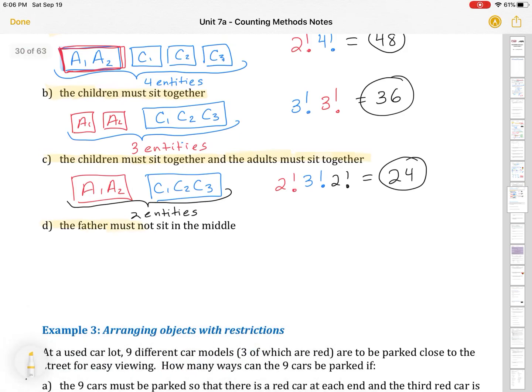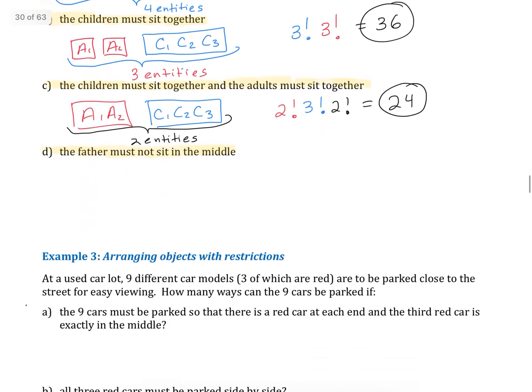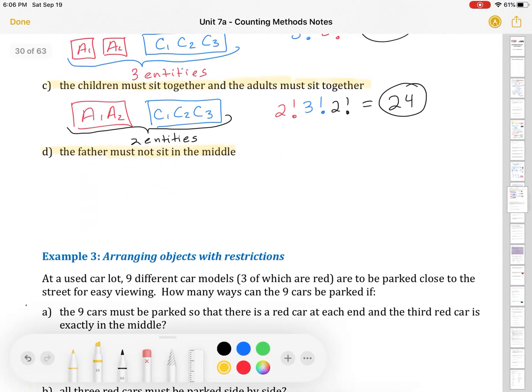Now, let's look at this last criteria. It says, the father must not sit in the middle. So, what we have to do is map out exactly what's going on.